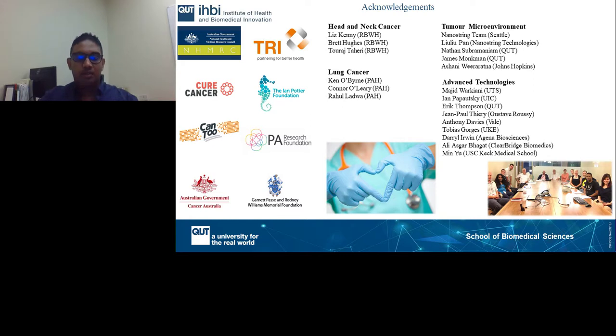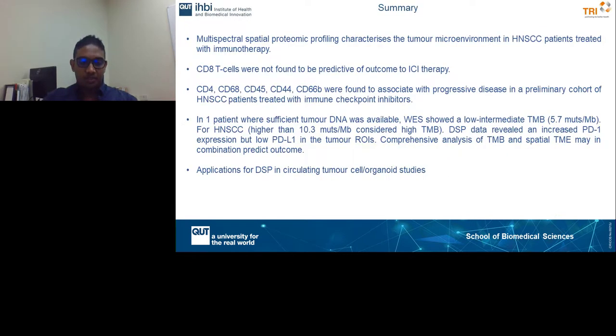So I think the takeaway message from this initial analysis and this data set is that digital spatial profiling is a really powerful technology, but we need to be really careful in designing our experiment and in choosing what our research question is, because the data sets that we get out are really massive.